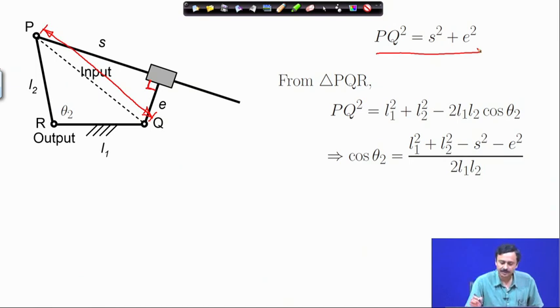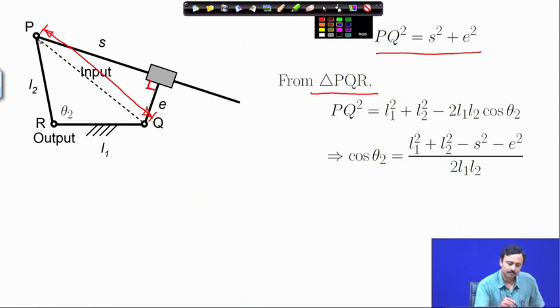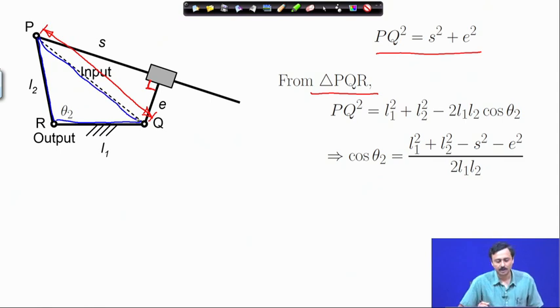Now, let us look at this triangle PQR. Now, by cosine rule I can easily write PQ square is L1 square plus L2 square minus 2 L1 L2 cosine of this included angle, which is theta 2.